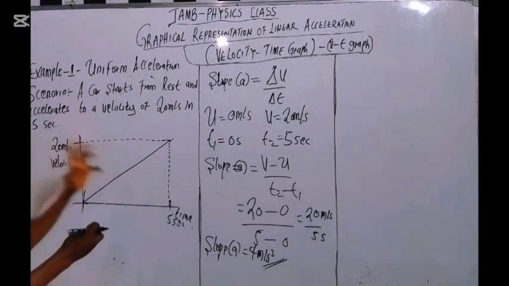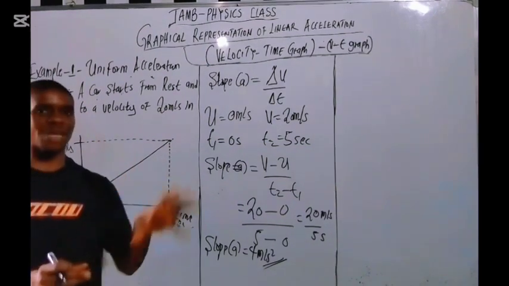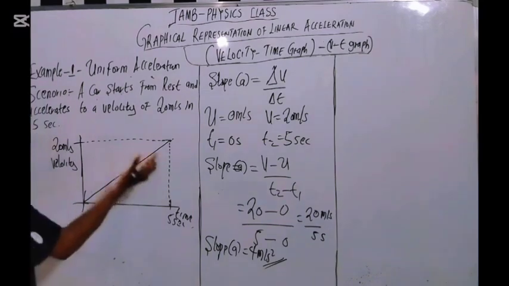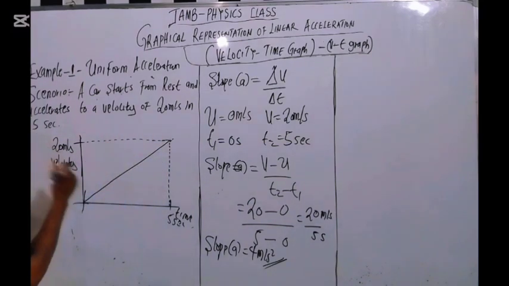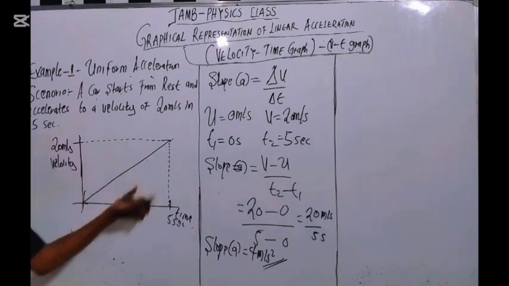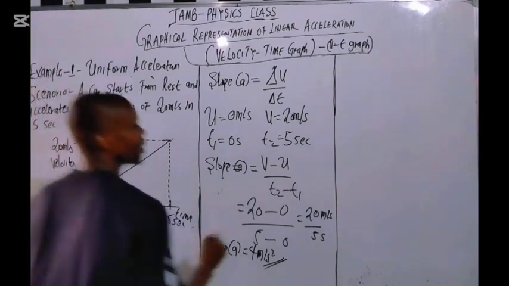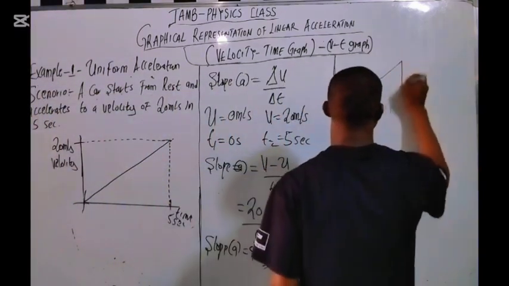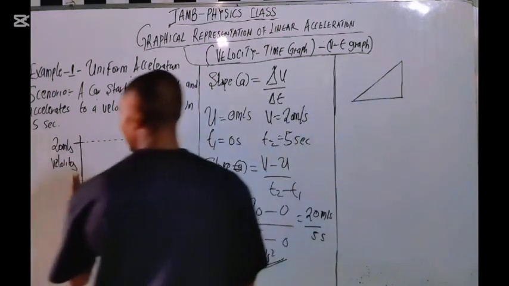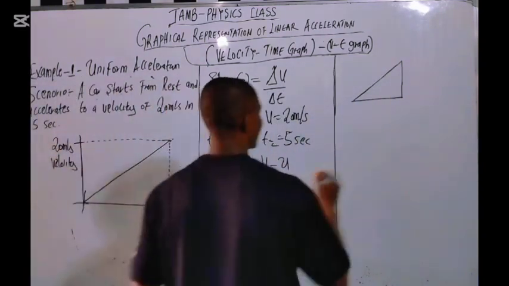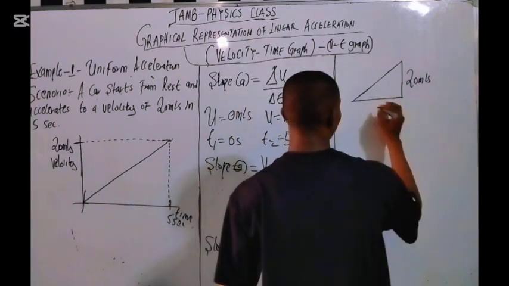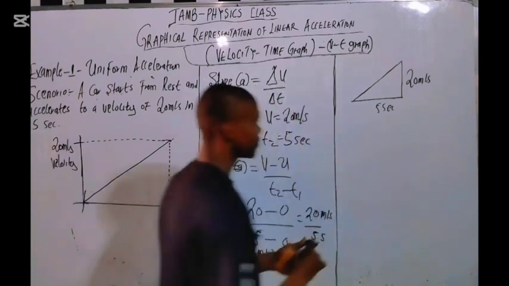Now, for me, I want to get the distance traveled. Another thing I want you to understand is that the distance traveled is the area itself. If you look at the drawing here, you have a triangle. This part is 20 meters per second and here is 5 seconds.